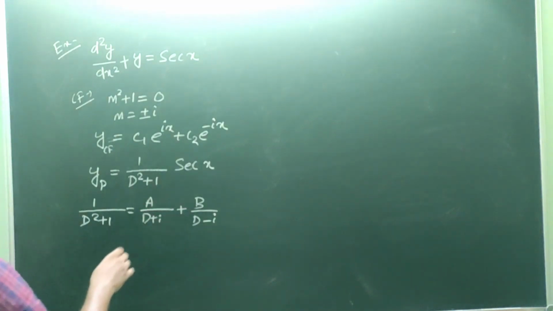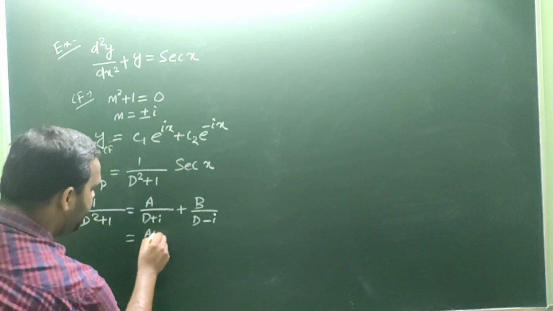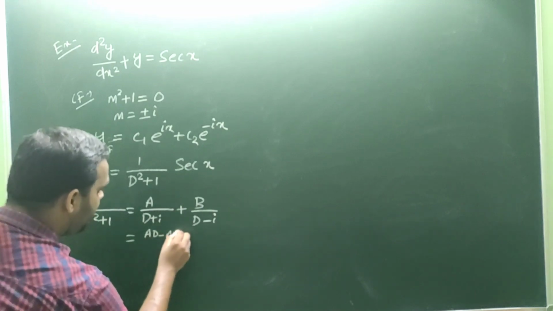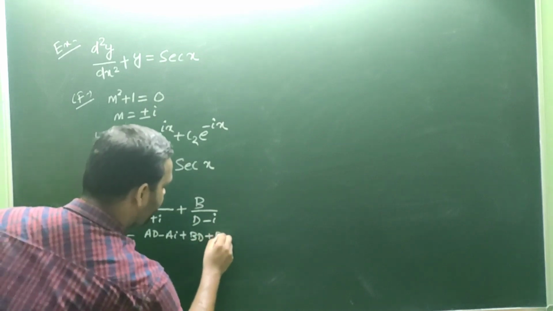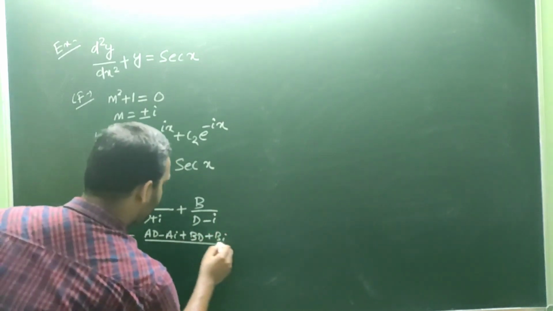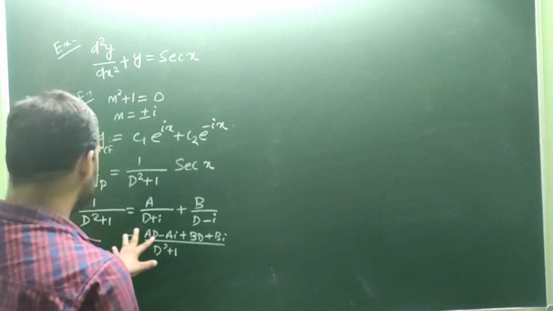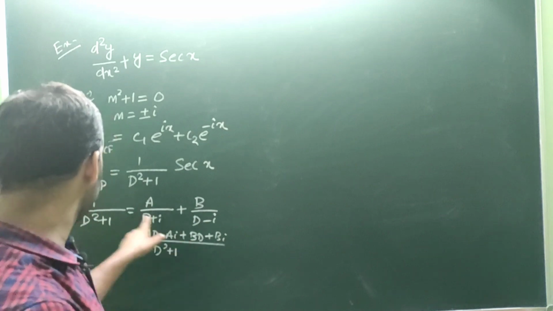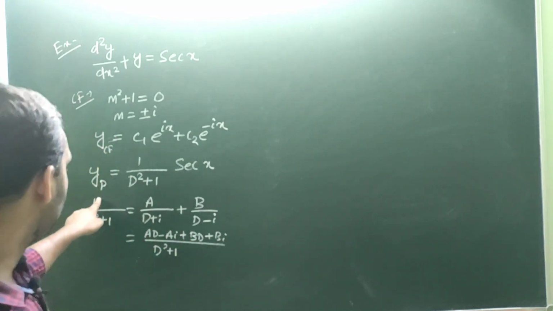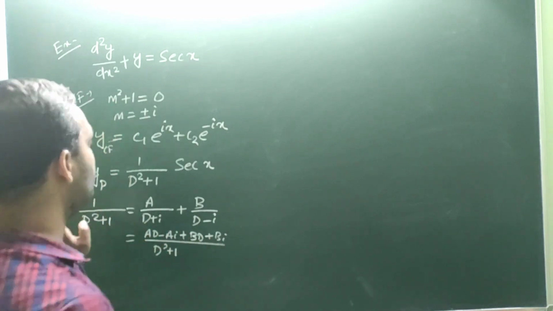Now let's take this right hand side. It will be ad minus ai plus bd plus bi divided by d square plus 1. So if you equate the coefficients, a plus b will be 0 because there is no d term here, and minus ai plus bi is equal to 1.